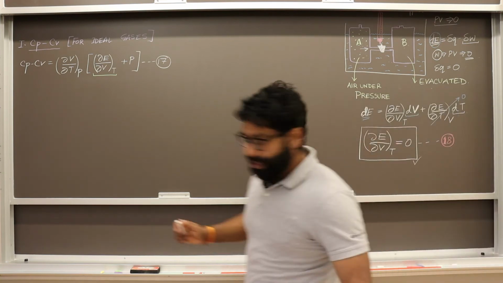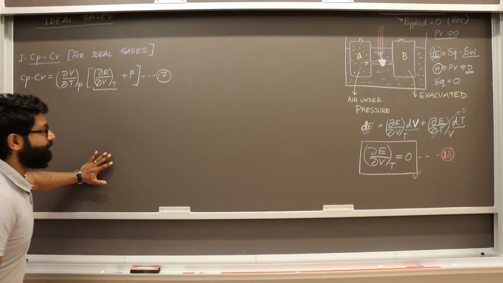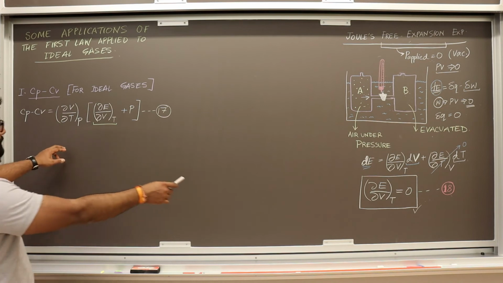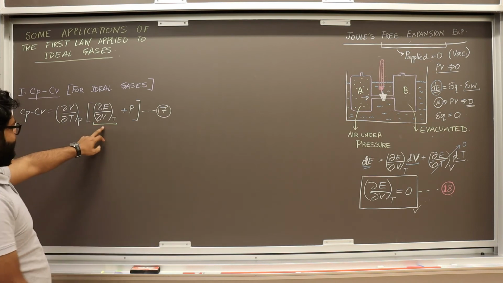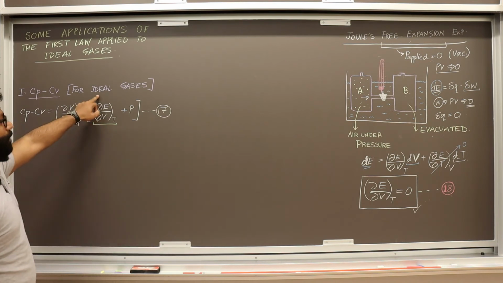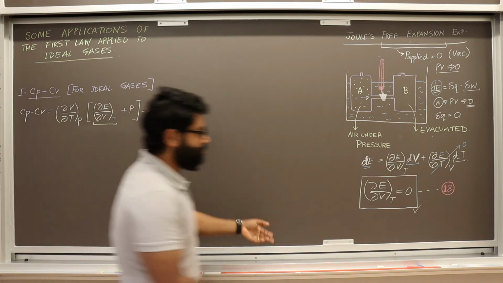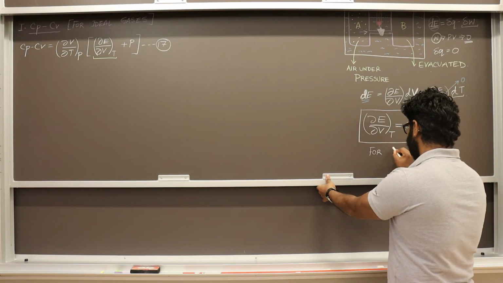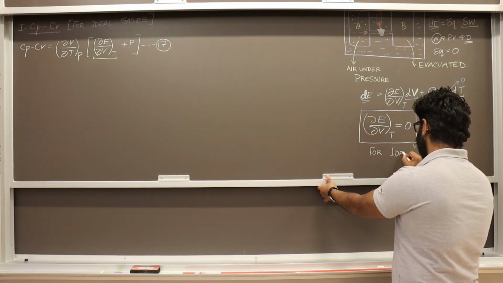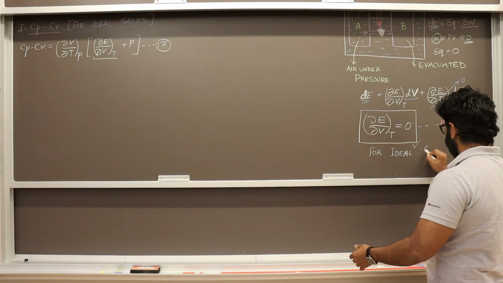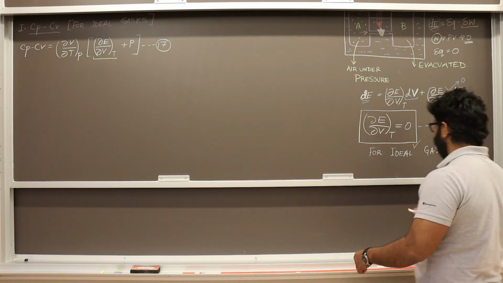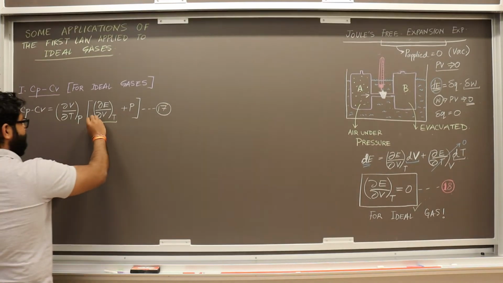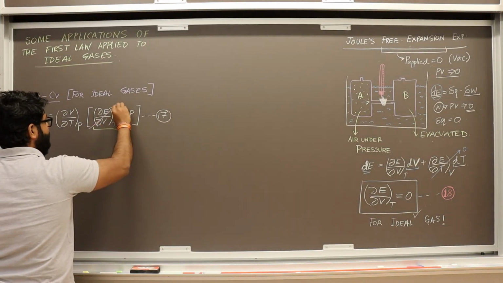Now moving on to finding out our value of Cp minus Cv. Now, what did we find there? That dE by del V at constant T, this term is 0 for an ideal gas. Okay, so this is true for an ideal gas. So in here, this term cancels out.